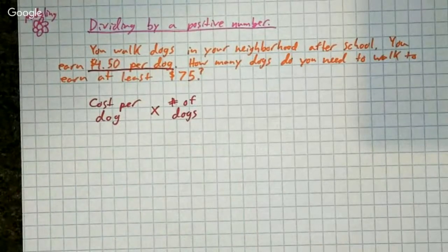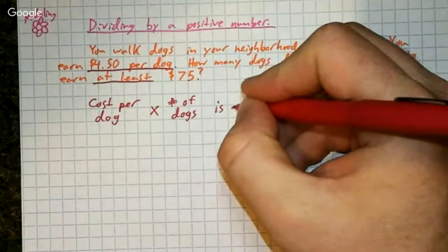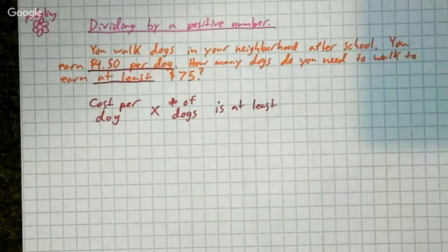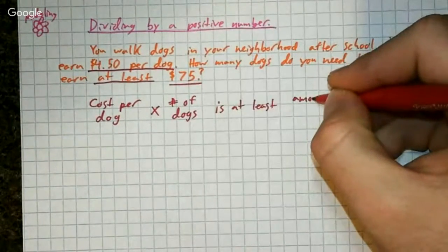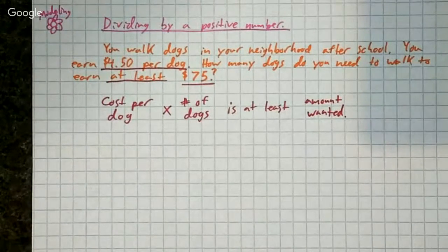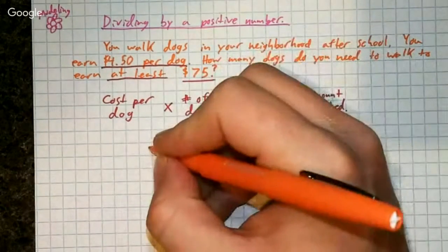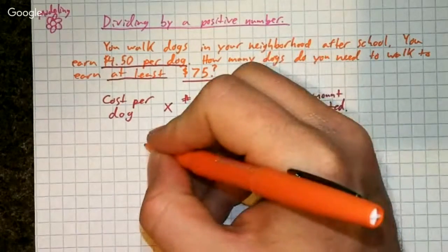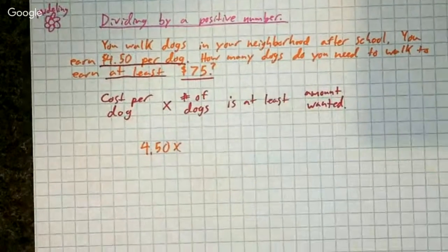Now, we won't say equals because it says at least. So we'll write instead is at least. And then our answer, which is going to be $75, or the amount wanted. So that's a word way of writing out our problem. Now let's write that out as an inequality. $4.50 is the cost per dog, times the number of dogs.